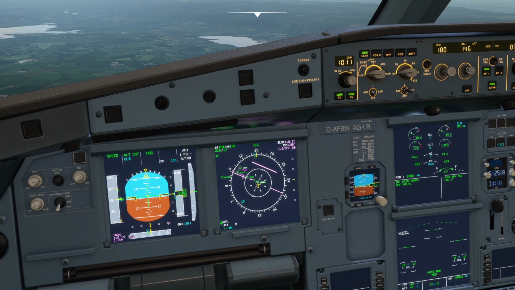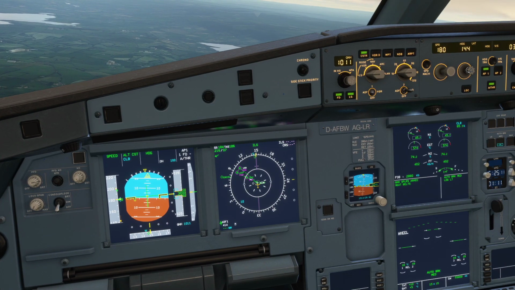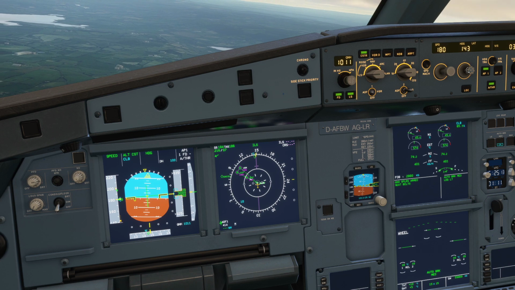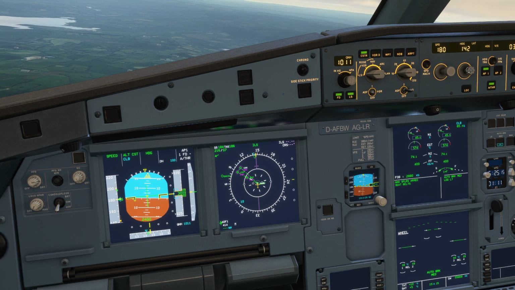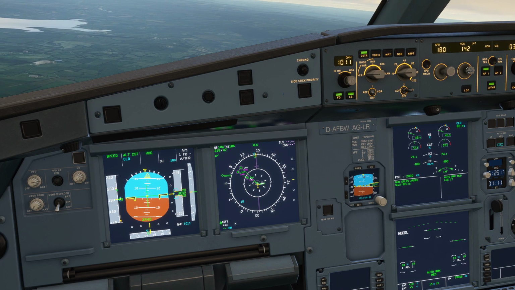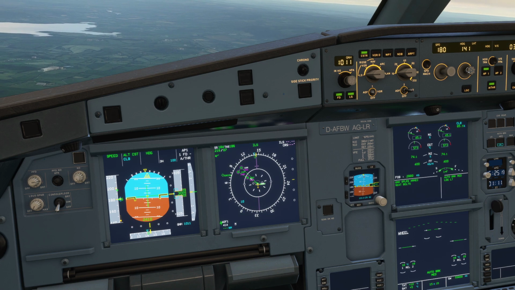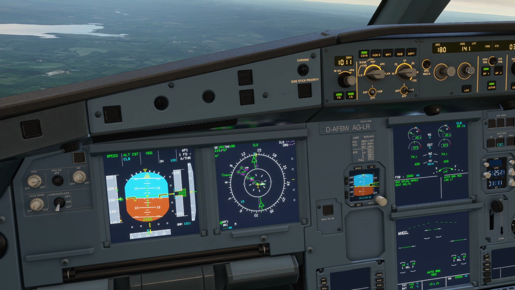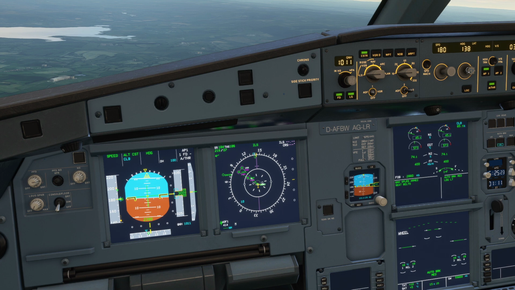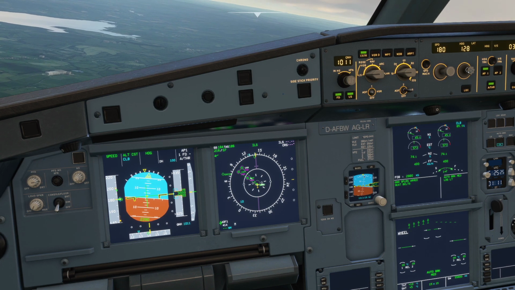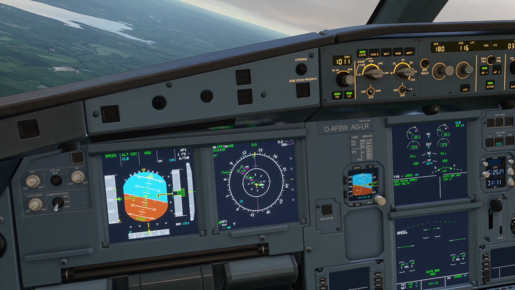So you can see that NDB arrow is just starting to turn. And once we fly over it, it will flick and it will change our direction. So then we want to fly 103 degrees. There we go, it's just changed, if you noticed.